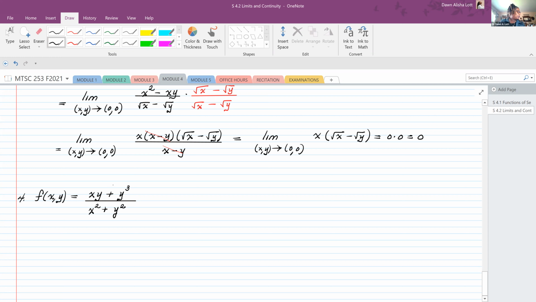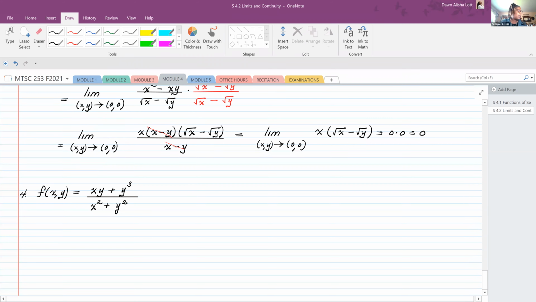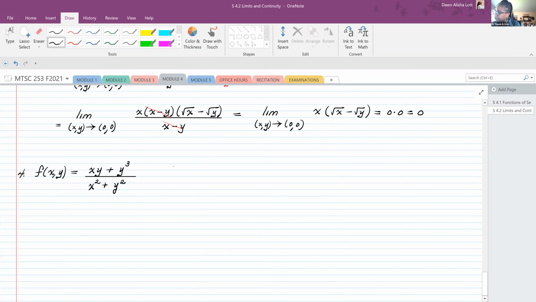Okay, so now what I want to find is the limit as this thing approaches 0, 0 of f of x, y.